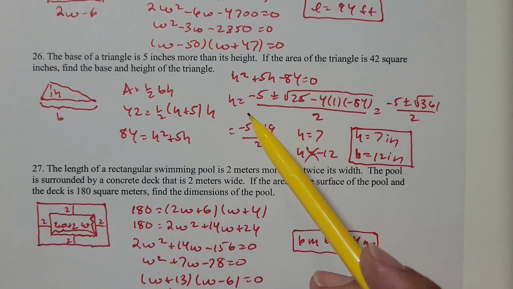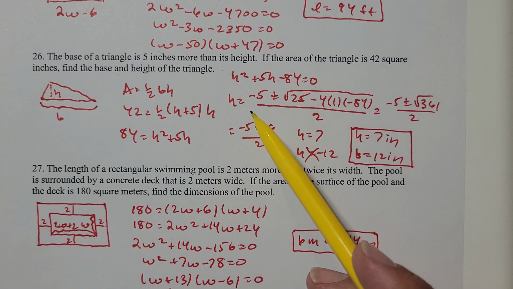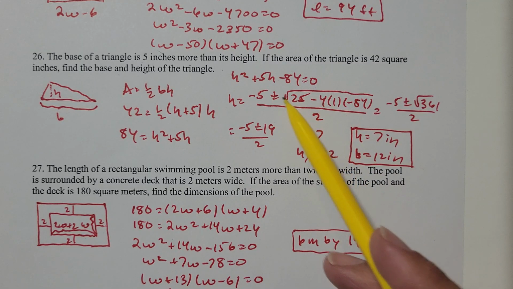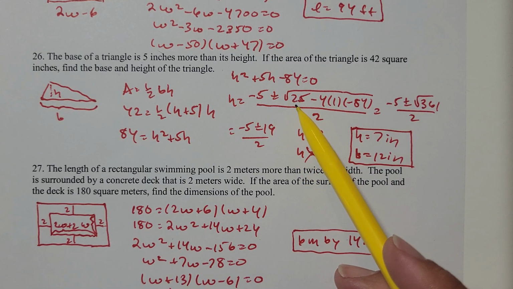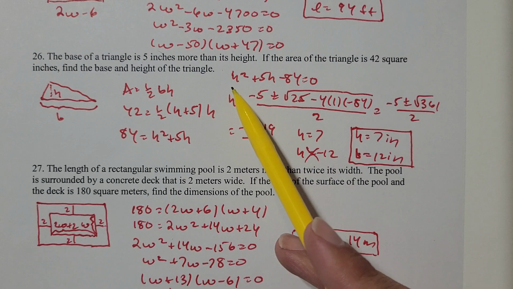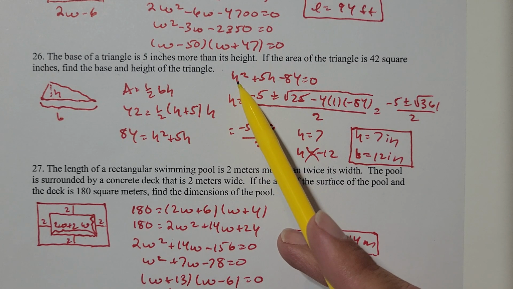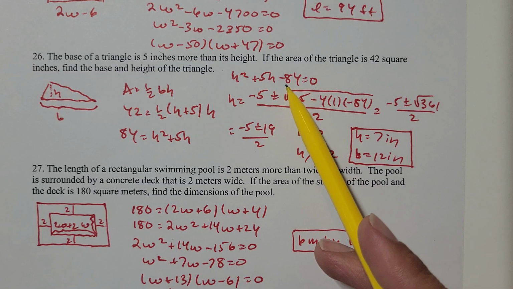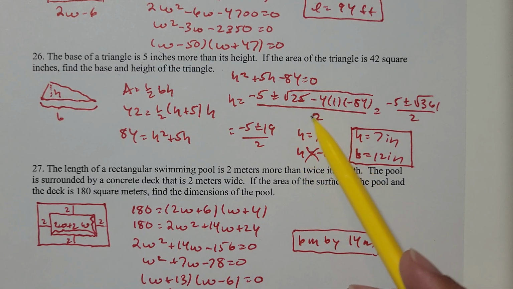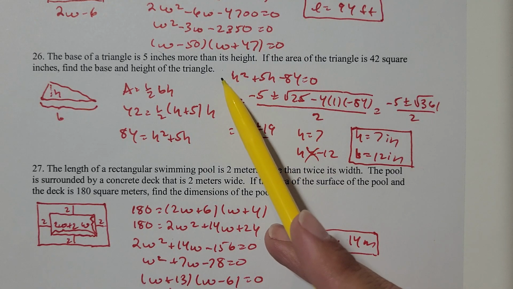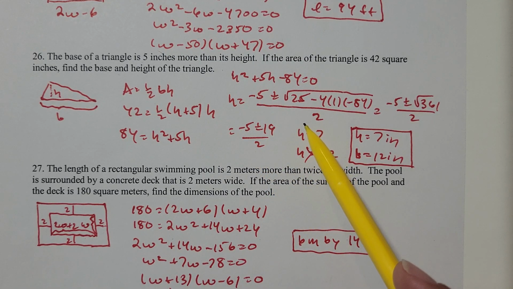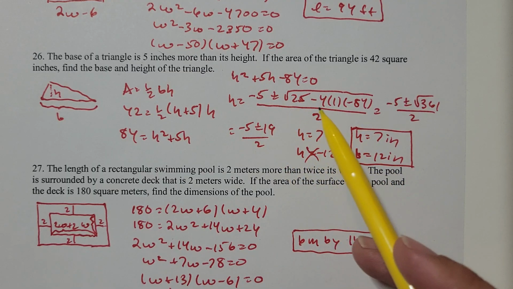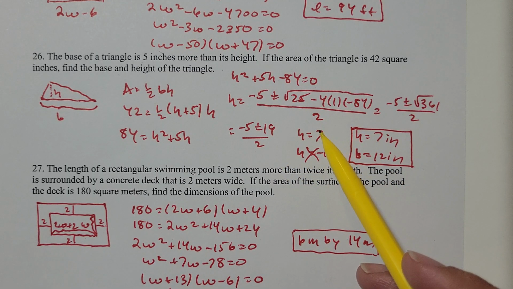Okay, so h is equal to the opposite of b, which is -5, plus or minus the square root of b squared. 5 squared is 25, minus 4 times a, which is 1, times c, which is -84, and this is all over 2a. 2 times 1 is 2. Then I simplify this so all my numbers are plugged in correctly.